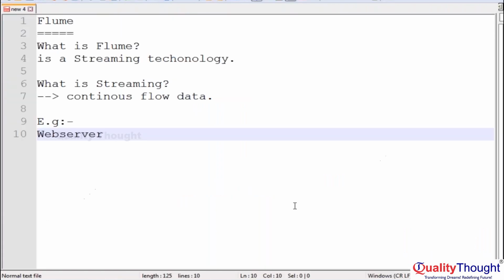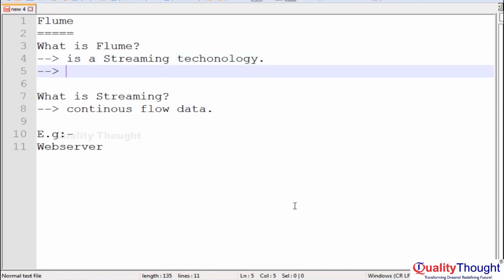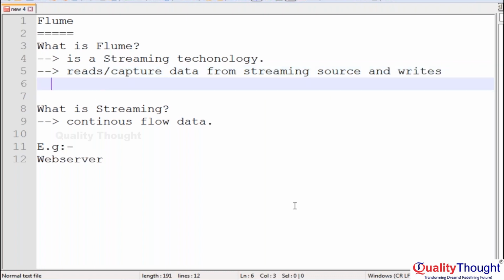So the main purpose is that Flume reads or captures data from a streaming source and writes into Hadoop.